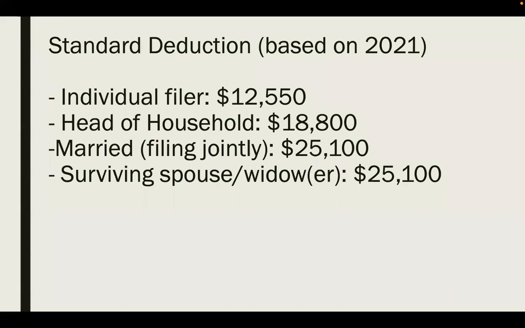However, if they are more than $12,550, then I would want to itemize. That's how you figure it out. For head of household, married filing jointly, or a surviving spouse, widow or widower, we have different standard deductions, and that is how you calculate those.